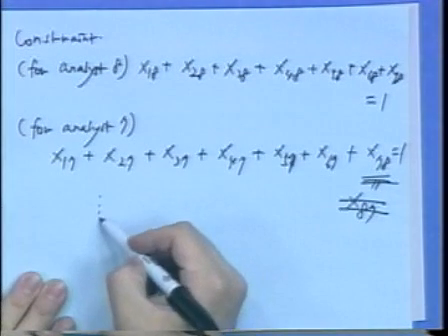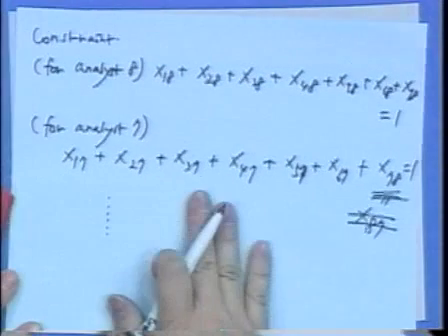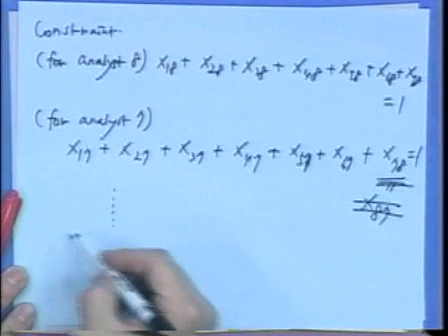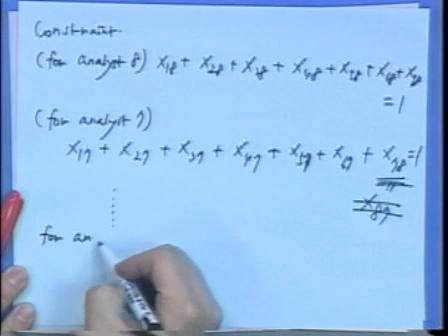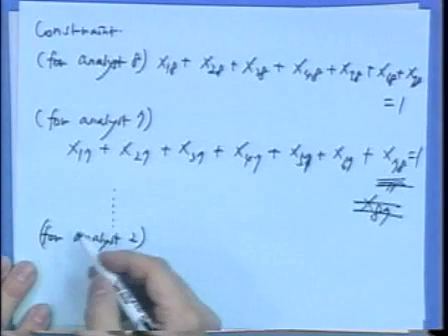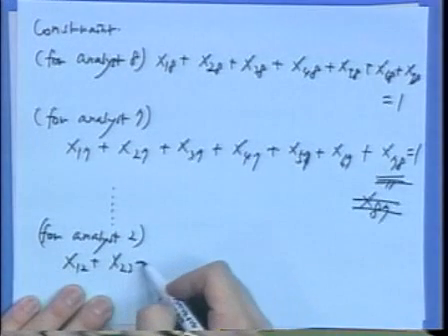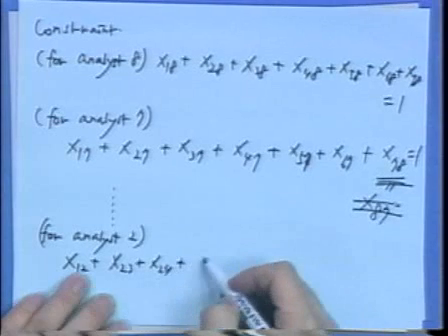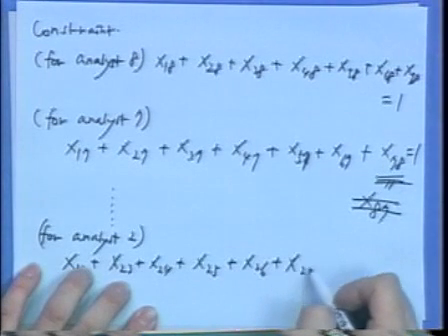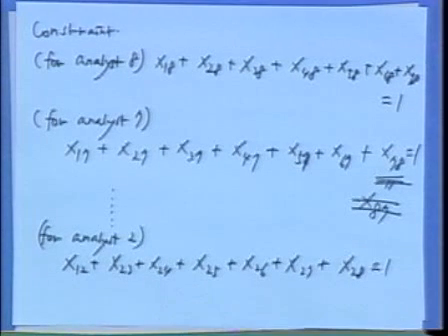So you can build up the same type of constraint. For example, for analyst number 2, you will have x12, x23, x24, x25, x26, x27, and x28 equals 1.